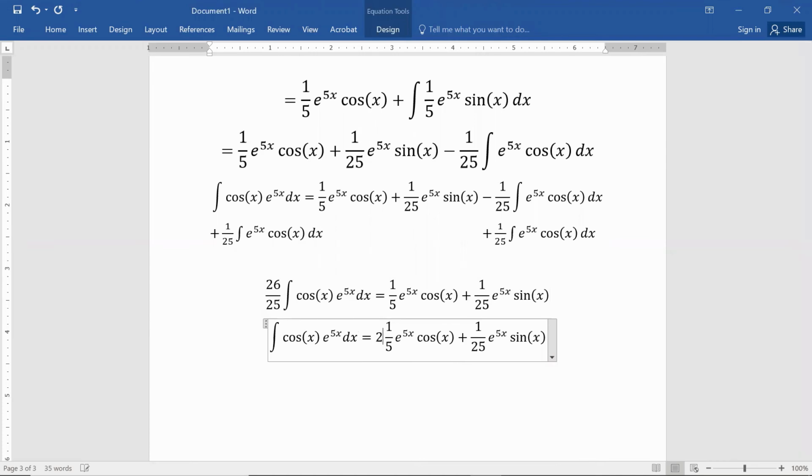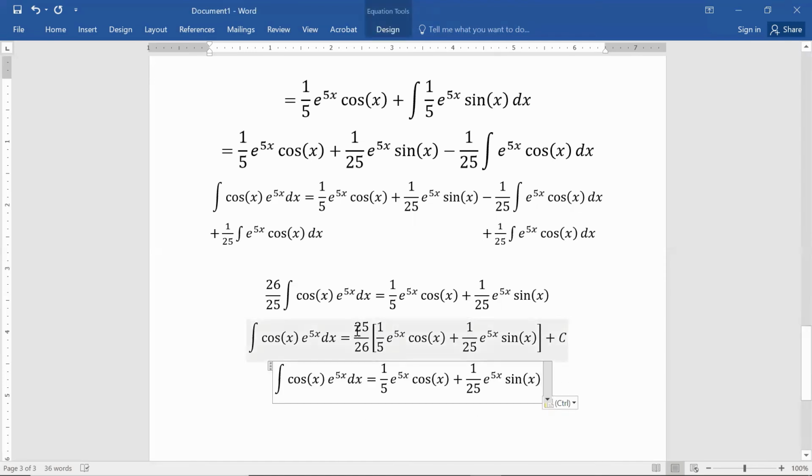Notice what's going to happen. When you're solving this, you're going to have to multiply both sides by 25 over 26. And then add a constant.